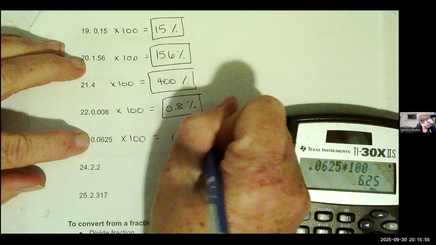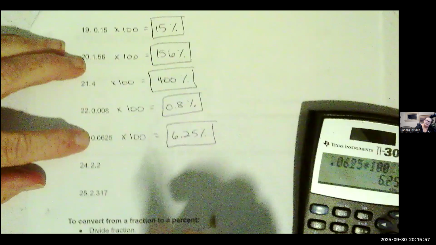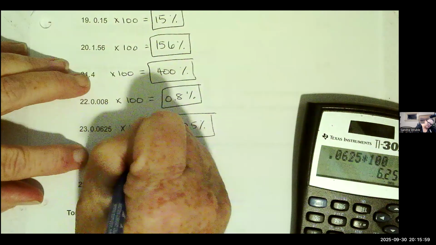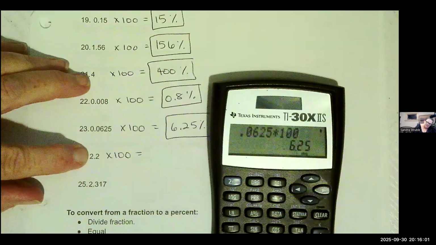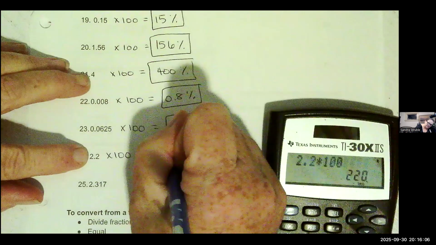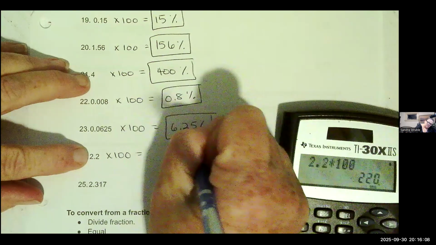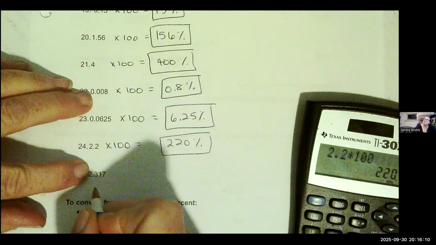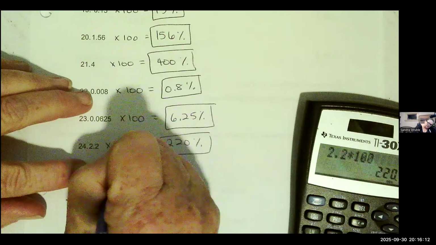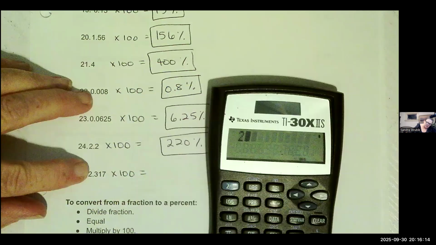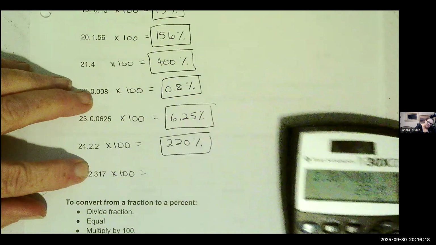Don't forget your percent. 2.2 times 100 is 220%. And then the last one of this style is 2.317 times 100. 2.317 times 100 is 231.7%.